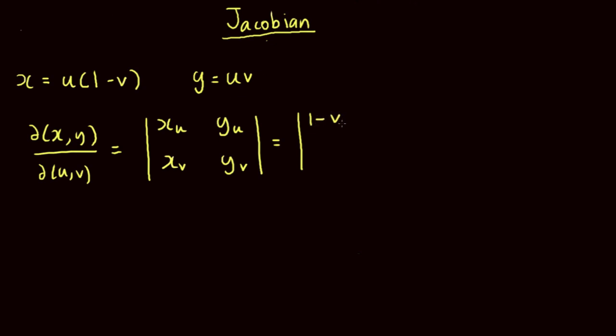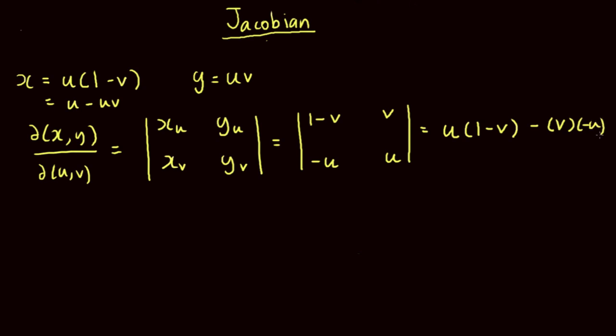xv would be negative u. If you want to simplify the equation, let's just double check. It's just u minus uv. Hopefully it makes sense. For yu, it's just v. For yv, it's just u. So once you find the determinant, it's u times 1 minus v, and here is minus, so it becomes v times negative u.